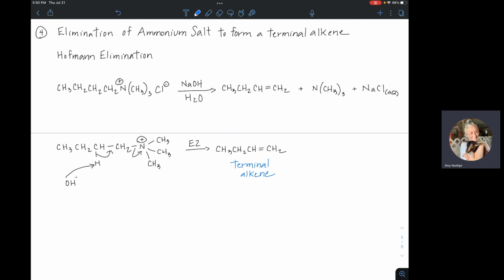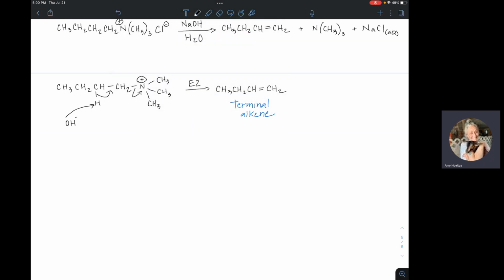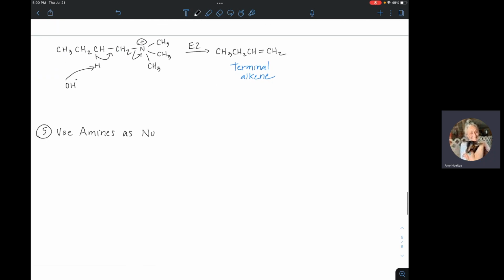Other reactions that we can do with amines, we can use amines as nucleophiles. I'm going to list this as a type and then say we're going to cover these using amines as nucleophiles in upcoming chapters with carbonyl containing compounds.